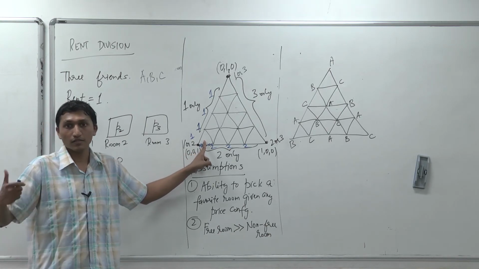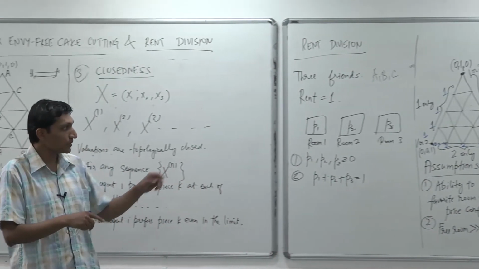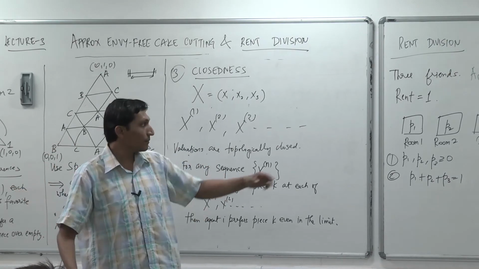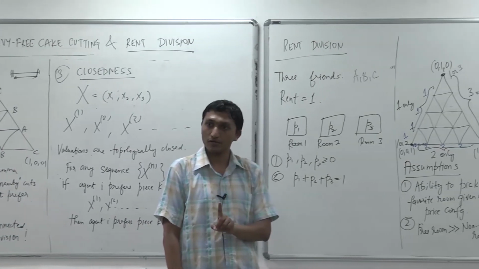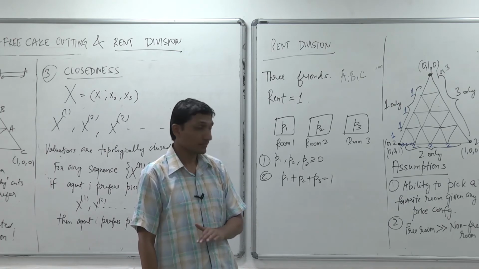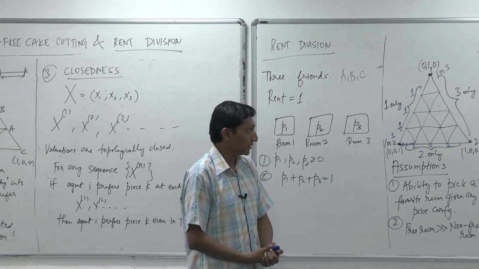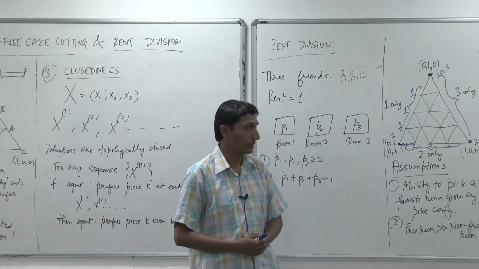In Sperner's lemma and in cake cutting, it was possible that when we enter through a boundary door, maybe we're thrown out and we can enter through another door again. But right now, there's exactly one boundary door. No question of failure. So basically, you repeat the proof that we did for Sperner's, and you can see that there's a fully labeled triangle.